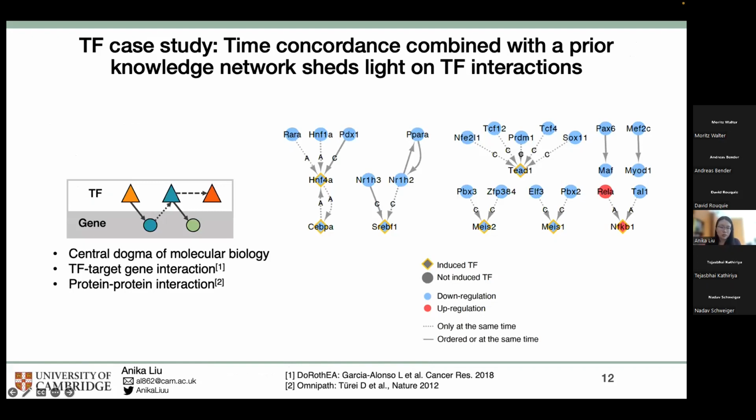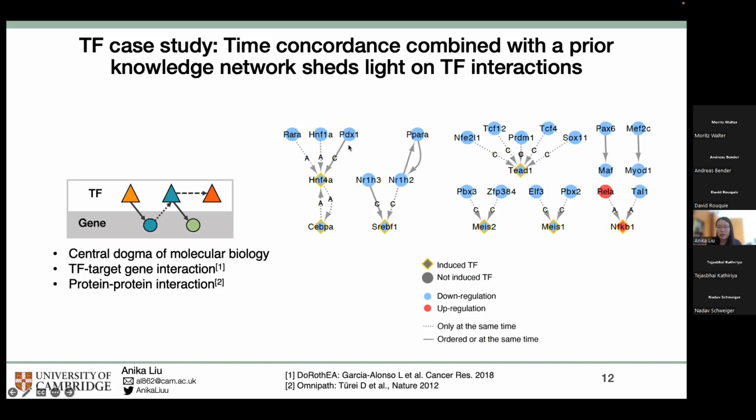These are transcription factor target gene interactions, which were also used to infer transcription factor activity in the first place, and also interactions between transcription factors on the protein level. We then looked into interactions which are also supported by time concordance.